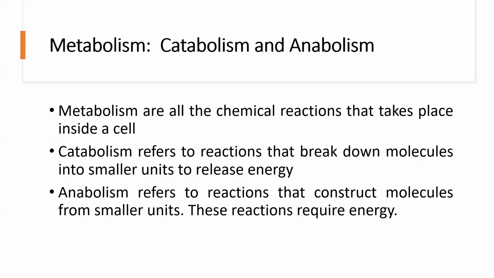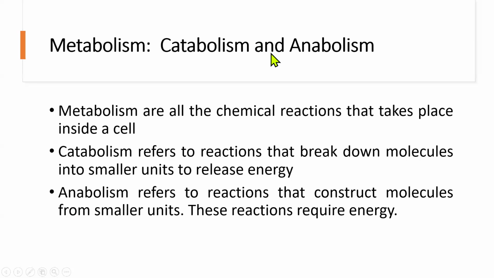But there are two kinds of metabolic reactions, depending on whether you're breaking things or building things. If you are breaking things, it's called catabolic reaction or catabolism. If you're building things, it's called anabolism or anabolic reaction.